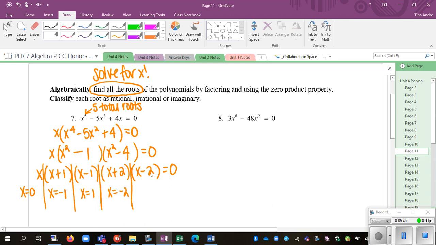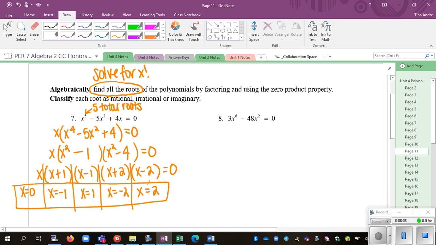And x minus 2 equals 0, so x equals 2. Basically the factors are up top, and these are the roots or the solutions. Notice all of the signs just flipped. So here are all of my 5 roots for this equation.